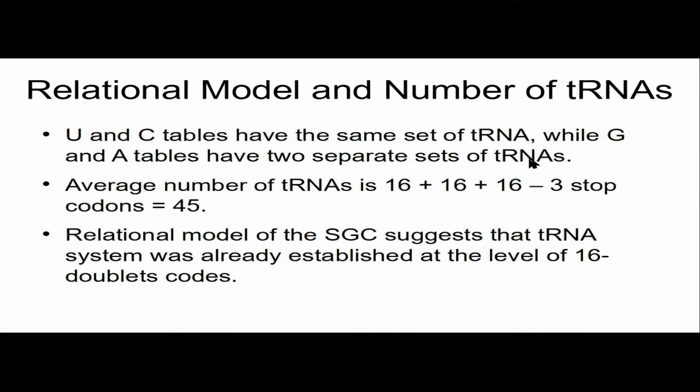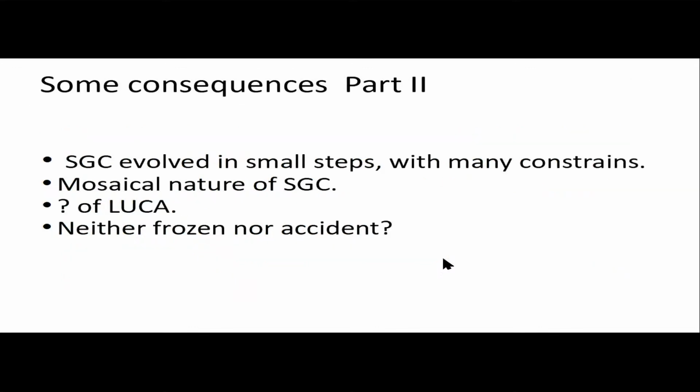So we have UC identical, and G and A. So we can count them all, minus 3 stop codons, it's 45. And this corresponds to the known transfer RNA number, which is estimated to be 45. And it's on the level of 16 doublet codes.